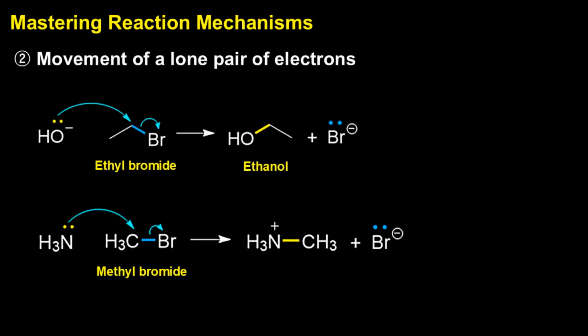Bromine leaves as Br-, and ethanol is formed. Same thing with ammonia. Nitrogen's lone pair attacks the carbon, the C-Br bond breaks, and Br- is released. This whole sequence, the attack, bond formation, and departure, is what drives nucleophilic substitution reactions.